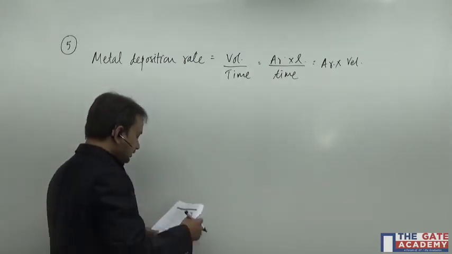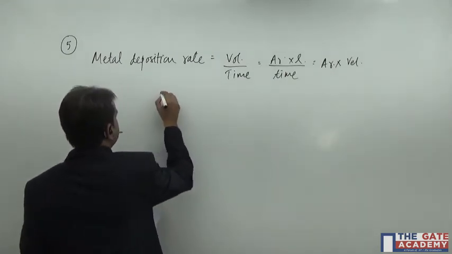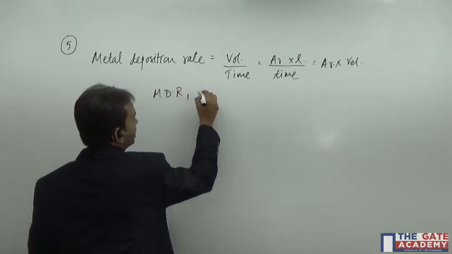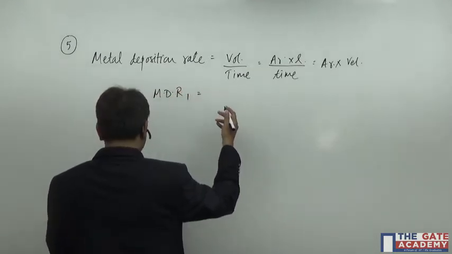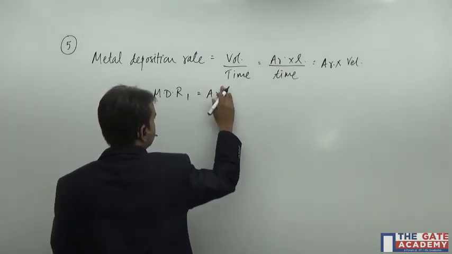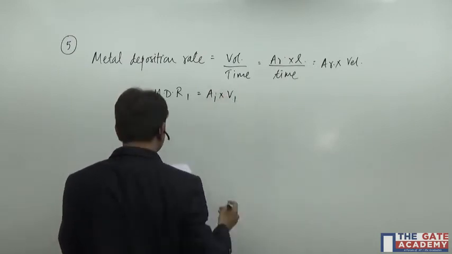So you can see that in the first case, MDR, metal deposition rate 1, is area into velocity, simply A1 into V1.